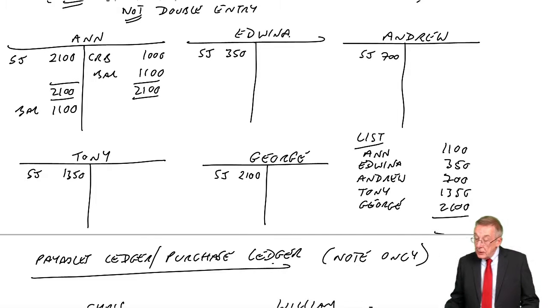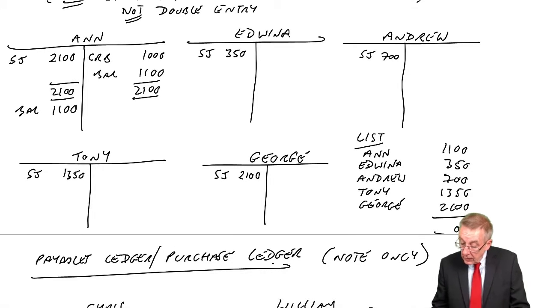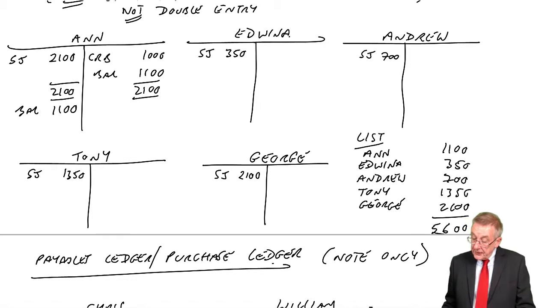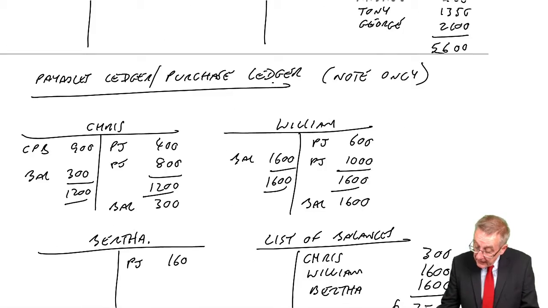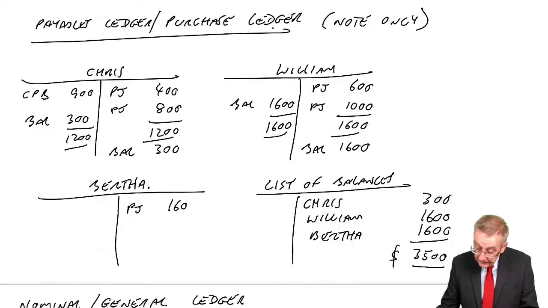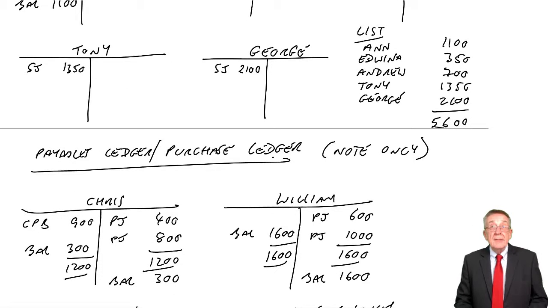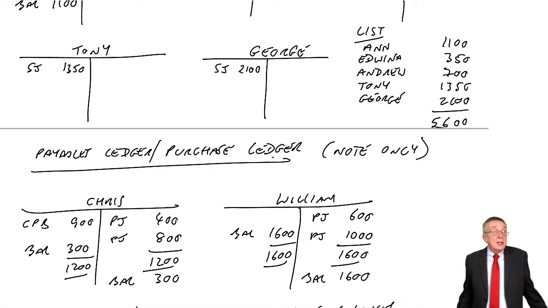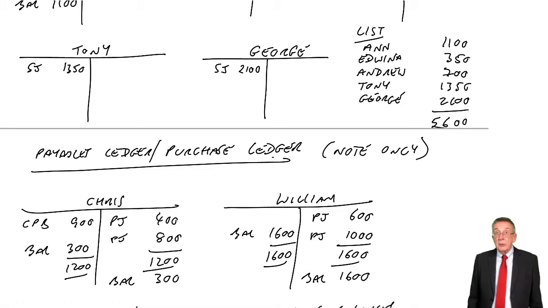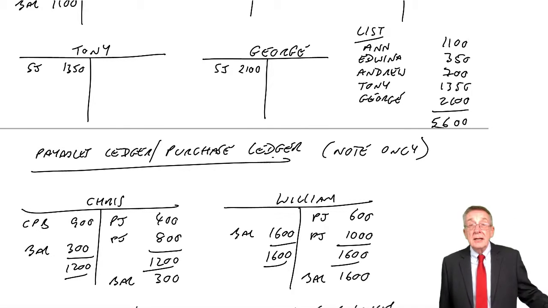How much are we owed in total? 5,600. Is that the same? I honestly can't remember. Yes, it is 5,600. Clearly, this should be the same. If they're not, we would need to find out why. We'll talk more about that in a later chapter.